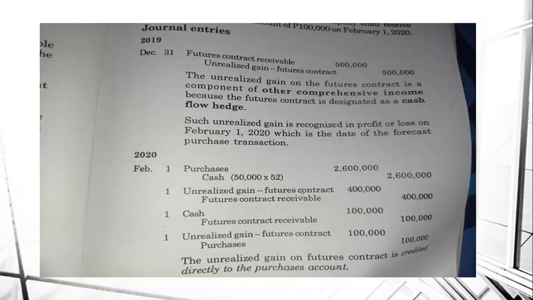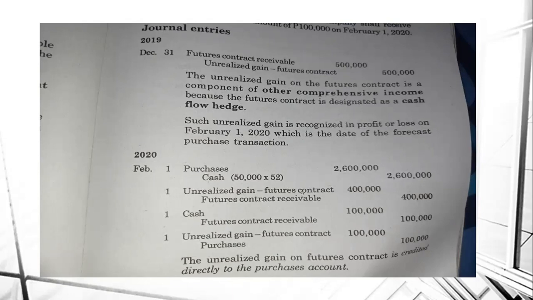So 2020, Feb 1, debit ka purchases na 26. Cash, 26. Tapos, entry mo itong 400,000 na unrealized gain. So, debit unrealized gain, credit which contract receivable.